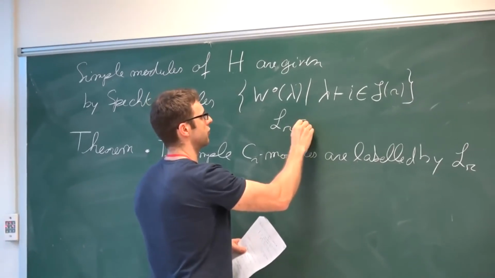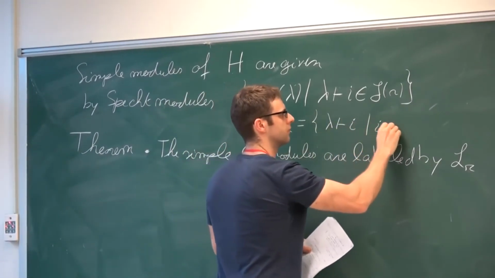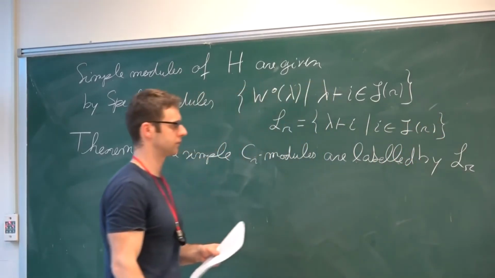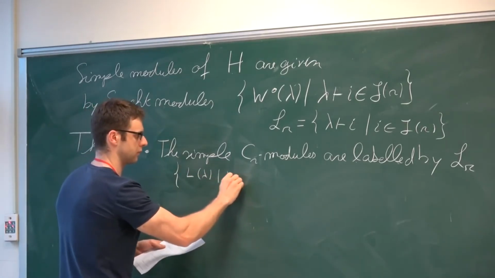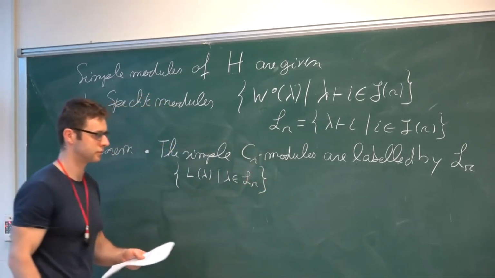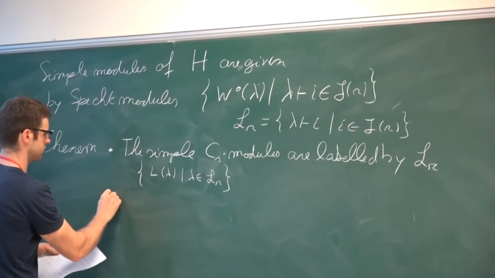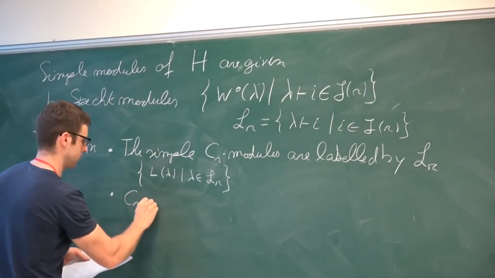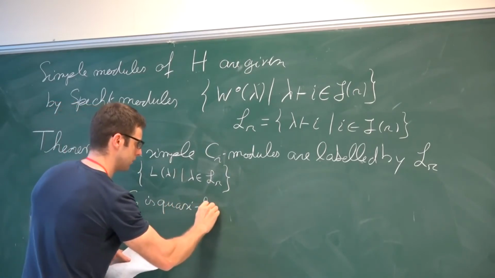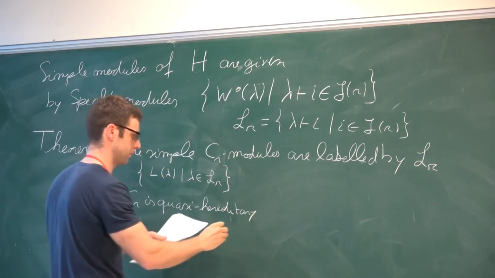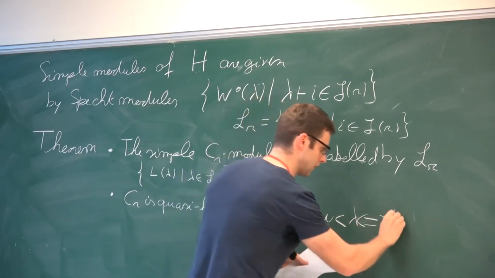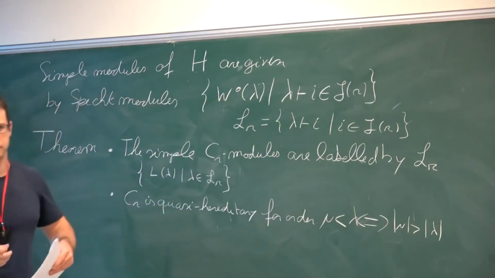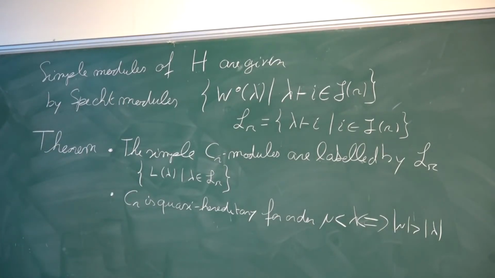I'll introduce notation LR for this set of partitions. So almost by construction we get a quasi-hereditary structure, which basically means it behaves like, I don't know if I need to introduce quasi-hereditary algebras.